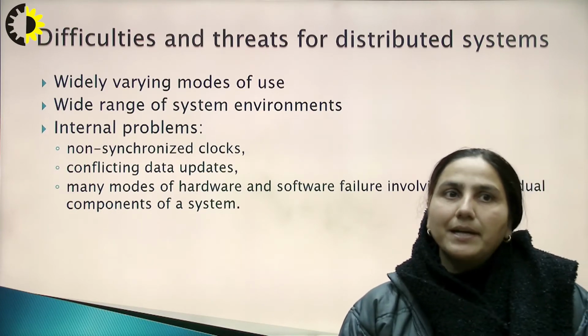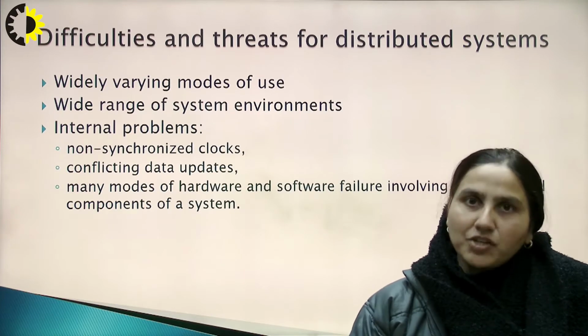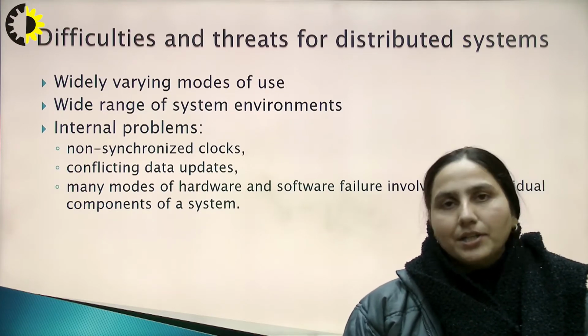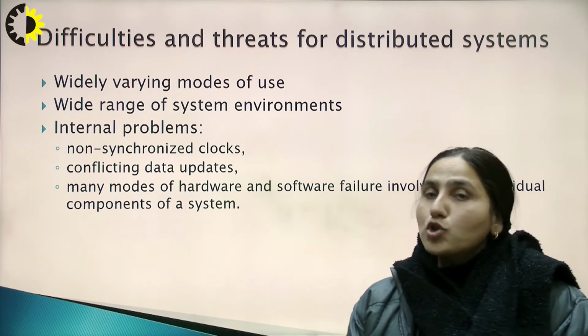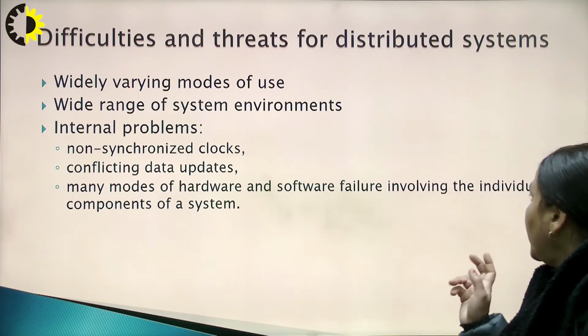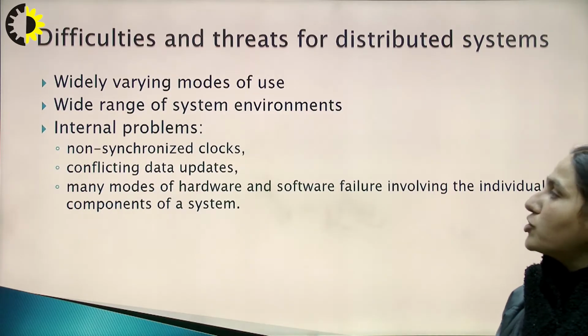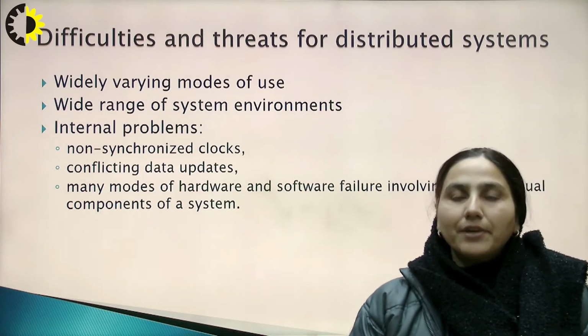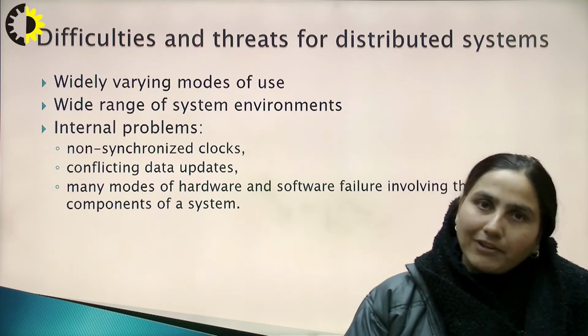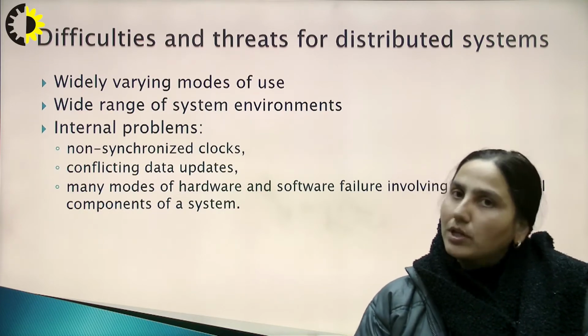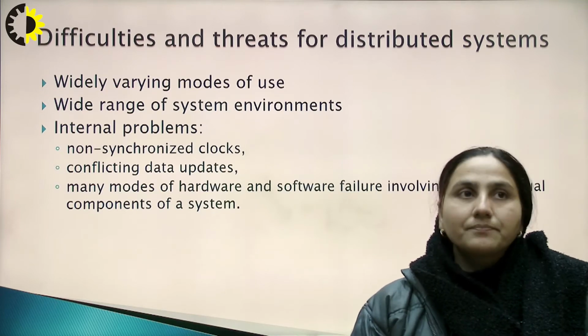As we update the data, there may be conflicts, which is another internal problem. Next, there are many modes of hardware and software failure involving the individual components of a system. We have more than one mode of hardware and software failure, which involves the individual components of the system.